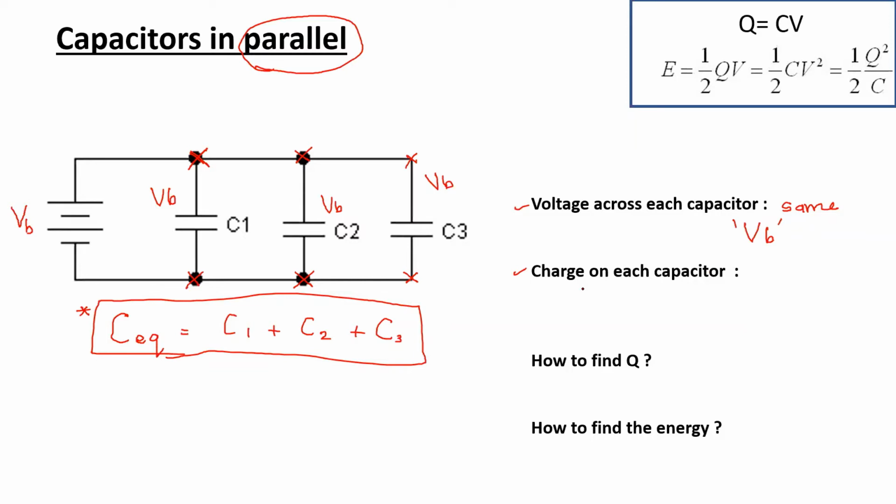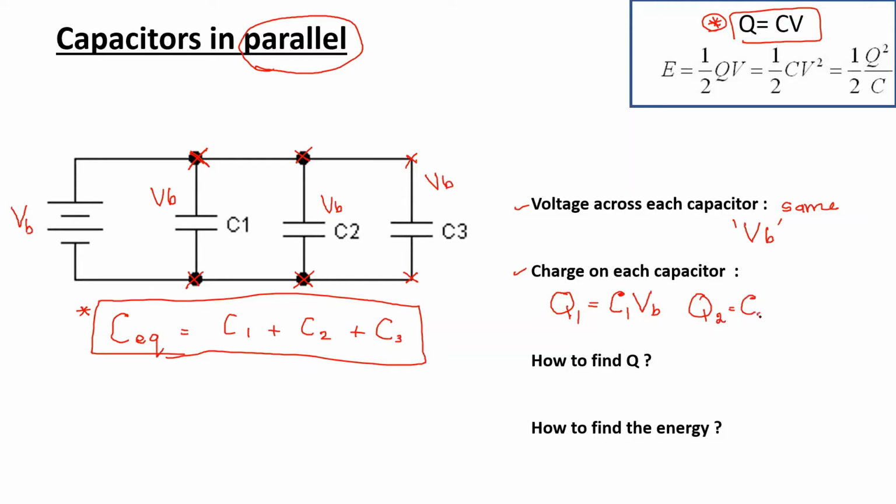So I'm going to use the capacitor equation. The charge in the first capacitor is given by the capacitance times the voltage across that capacitor. So voltage across it is V_B. In the same way, I can do this for the other two capacitors.